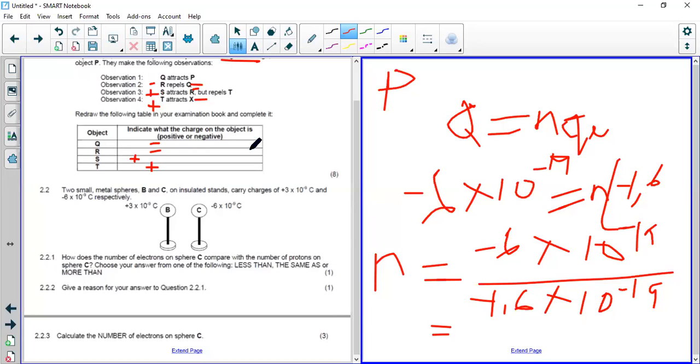Okay, my system is slow. Let me just open the other document there.